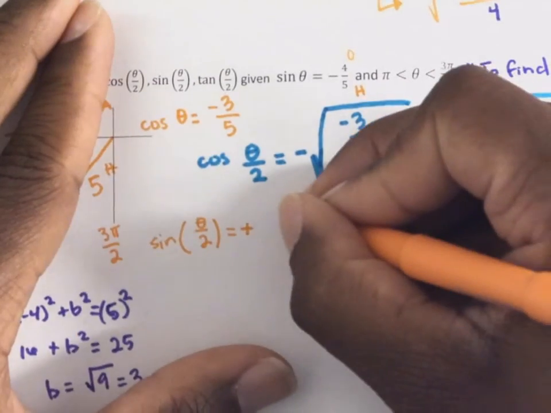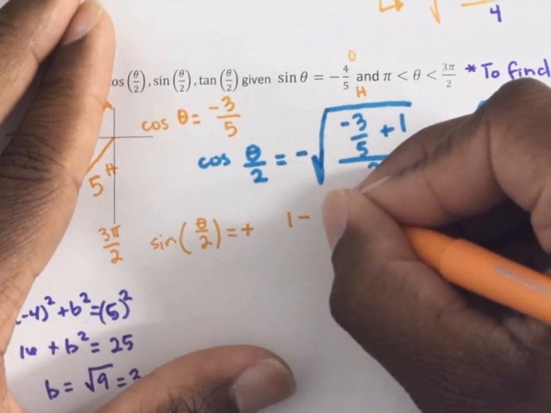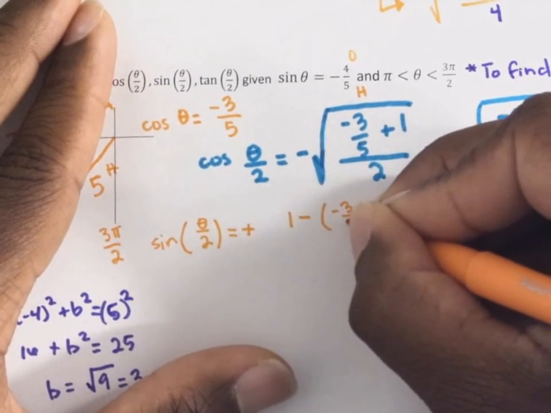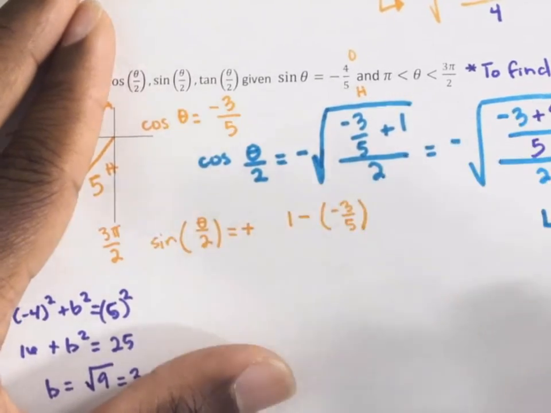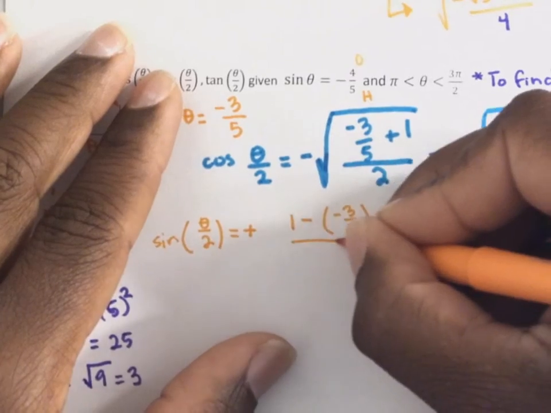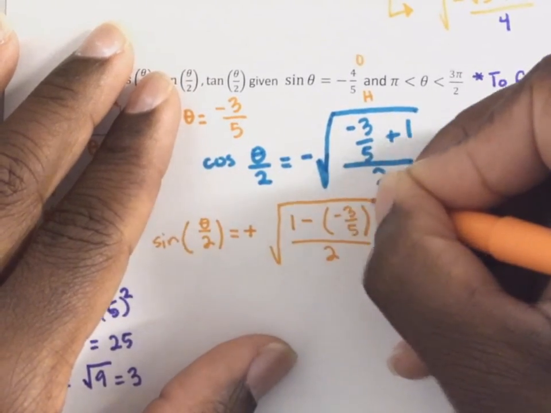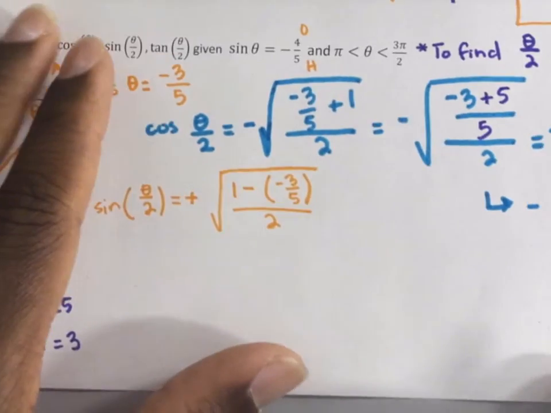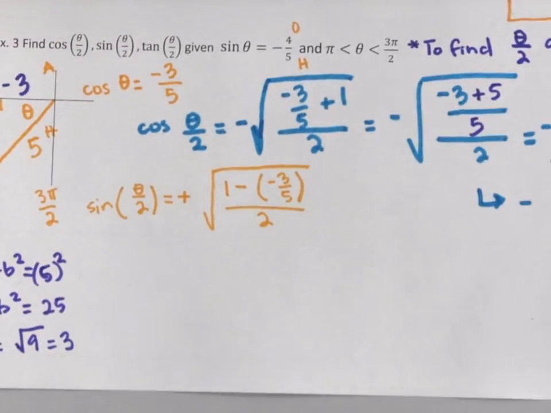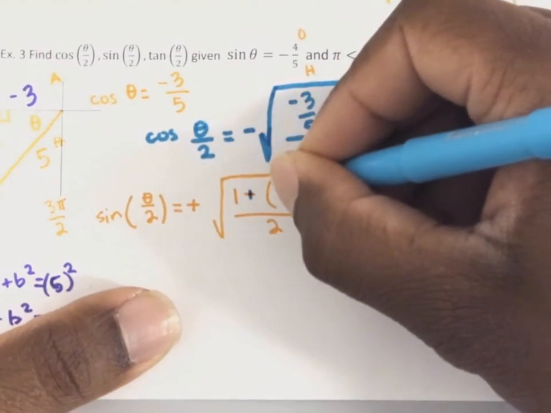So I got 1 minus cosine of theta, which is negative 3 over 5. That was the ratio we started with right here. And then this is all divided by 2. When I subtract the negative, it becomes positive.